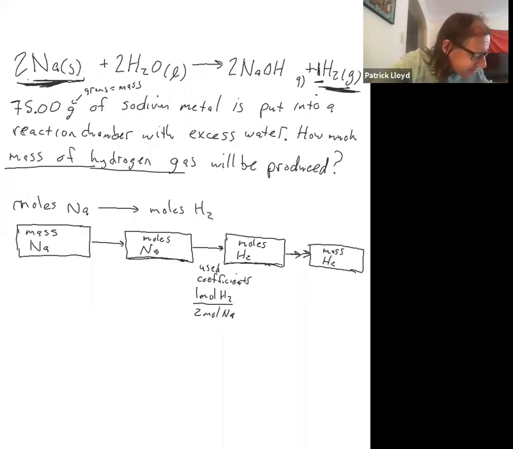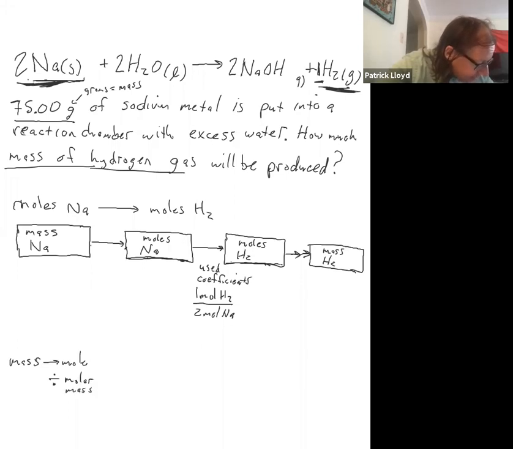The other issue then is what's going on here. We're given the mass, 75 grams. How do we find the moles of sodium? If we had the moles of sodium, we could just use this coefficient ratio. Well, we learned how to do that in section 3.4. What you do is a mass to mole conversion. The way we did that was we divided by the molar mass.